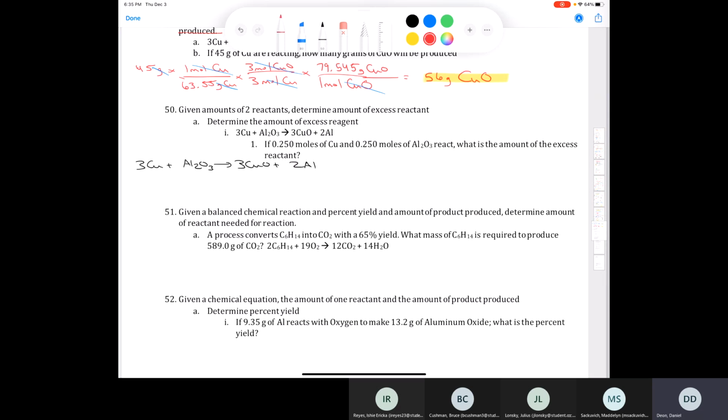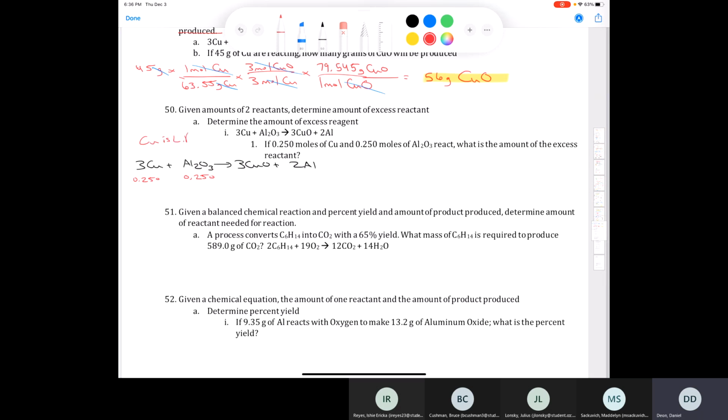If I'm starting out with 0.25 moles of copper and 0.25 moles of aluminum oxide, we already decided in the last video that copper is the limiting reactant. And so we can write that down here.